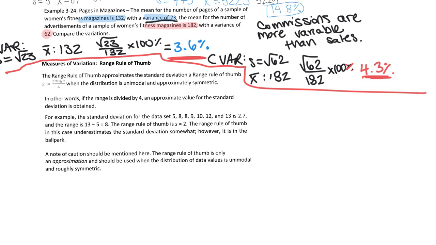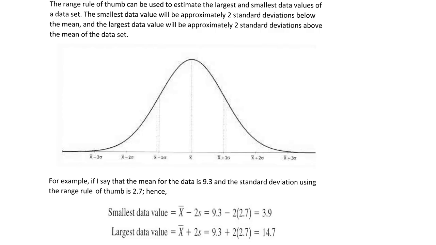It's not as useful because it's just an approximation, and it would have to be a symmetric distribution, which we're going to talk about on the next page in picture form, and I think that should help you. So the range rule of thumb can be used to estimate the largest and smallest data values of a data set. The smallest data value will be approximately 2 standard deviations below the average.